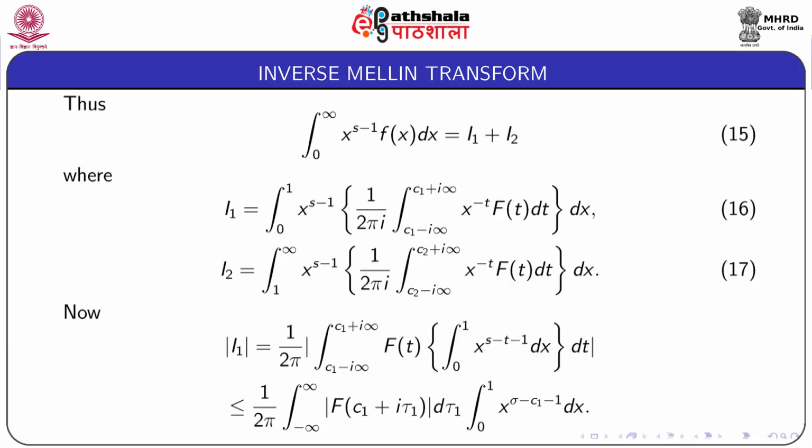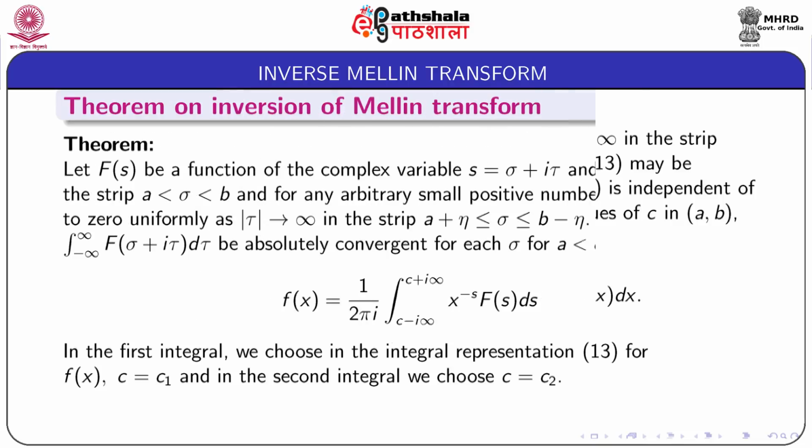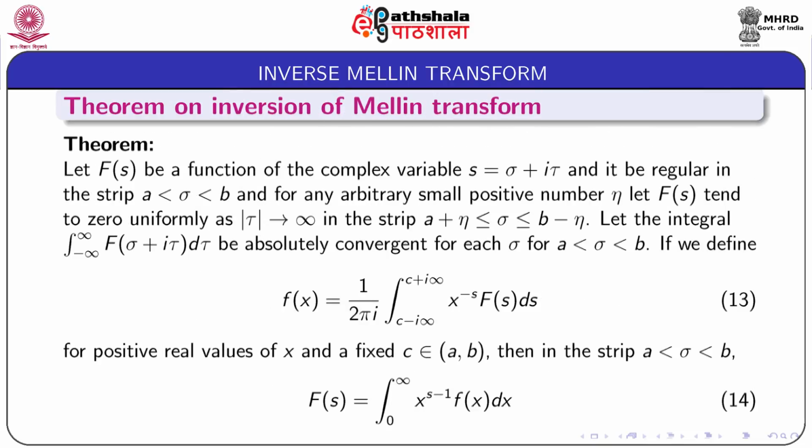And I2 is the integral from 1 to infinity of x to the power s minus 1 into 1 by 2 pi i times the integral from c2 minus i infinity to c2 plus i infinity of x to the power minus t capital F(t) dt dx, as given in equation 17. Here also, as mentioned earlier, I2 is this integral, and f(x) is substituted from equation 13 with c equal to c2.